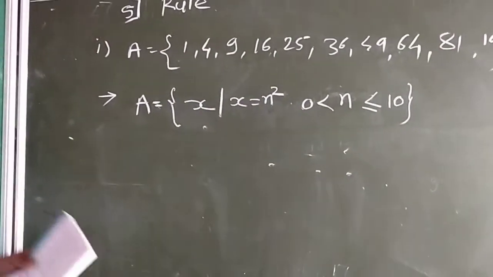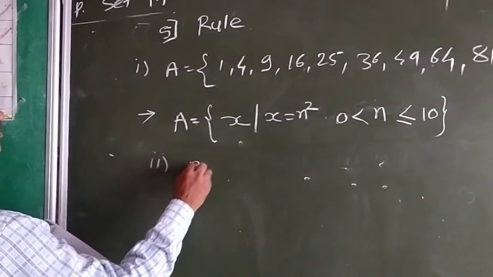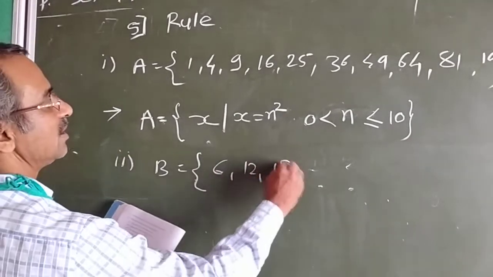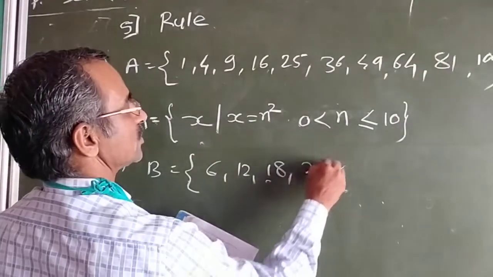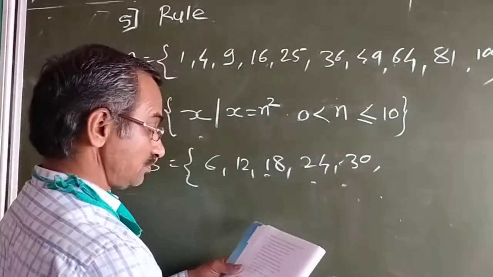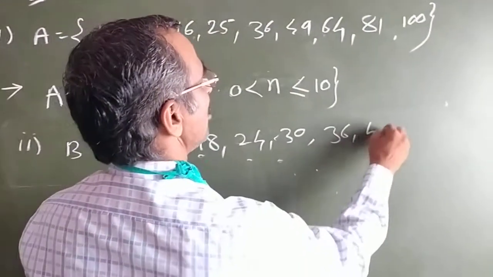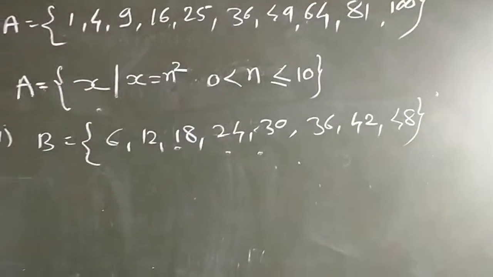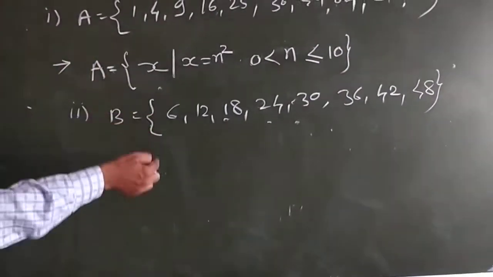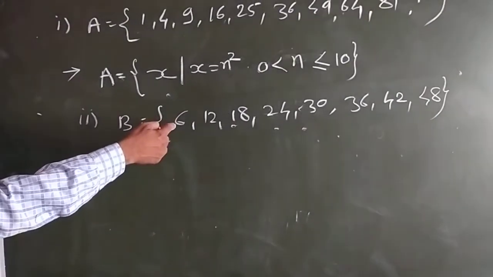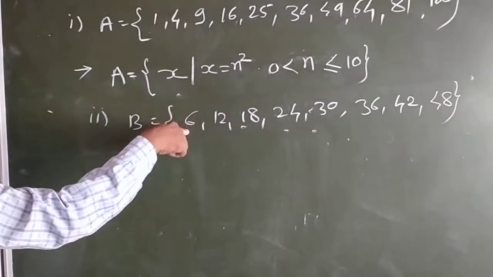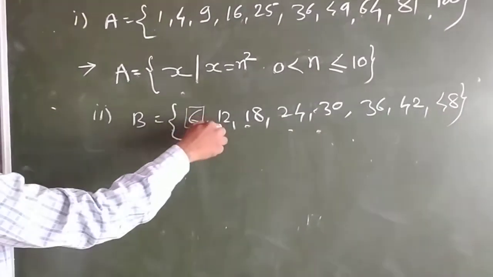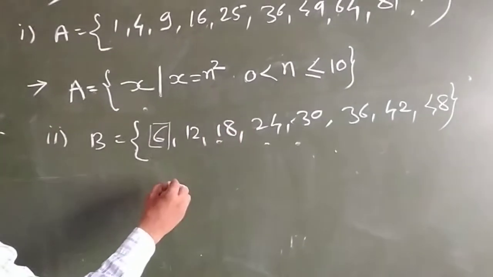Then the second one, B: 6, 12, 18. What do you observe here? 6 twos are 12, so it will come in the table of 6. We start this table of 6: 6 ones are 6, 6 twos are 12, 6 threes are 18, so it is a multiple of 6.